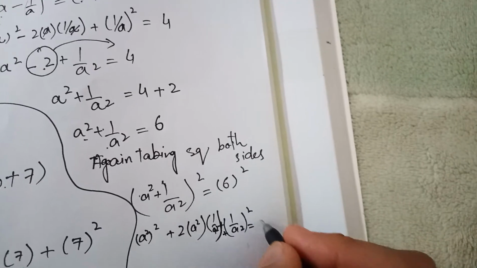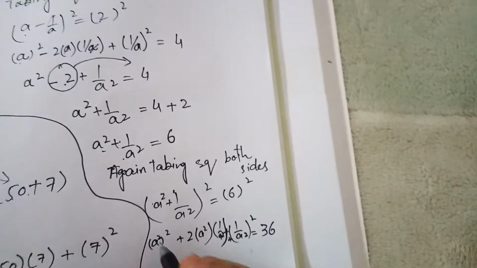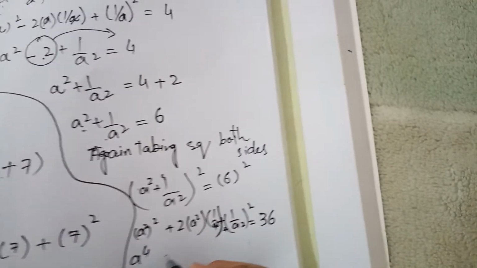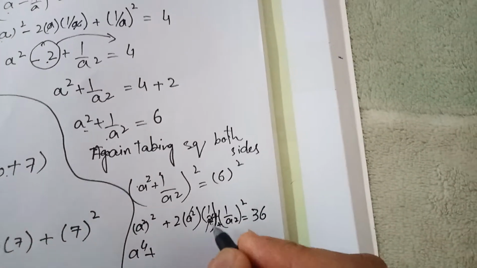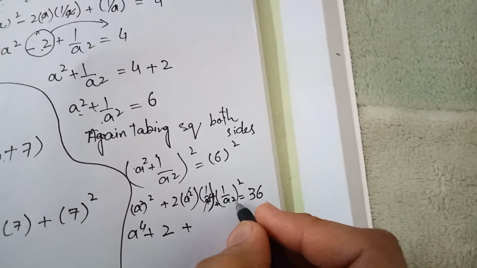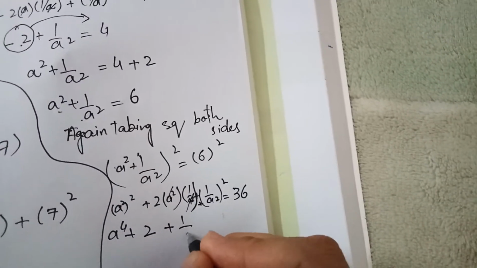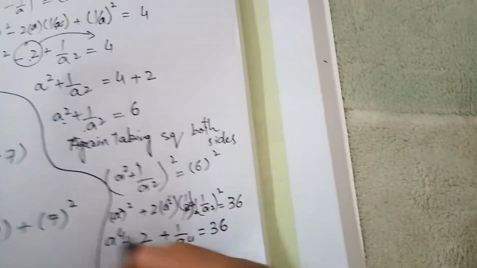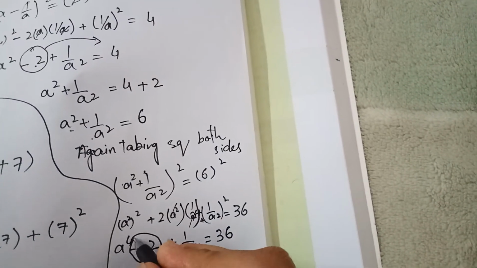What's the square of 6? That is 36. This will become a raised to power 4 plus, this will be cancelled and 2 will remain over here only, and 1 over a square again squared will become 1 over a raised to power 4, equals 36. This 2 is being added over here.